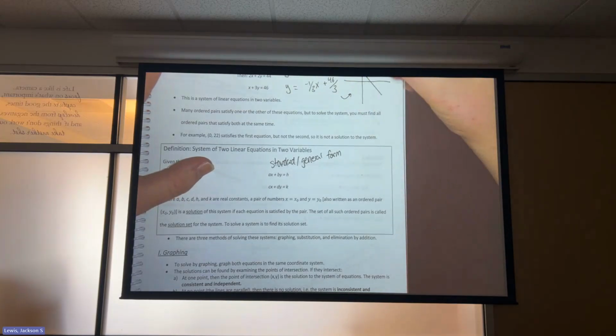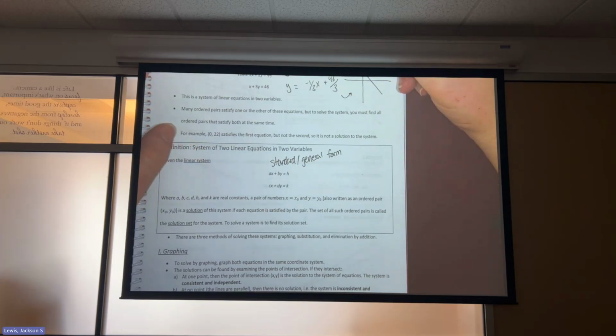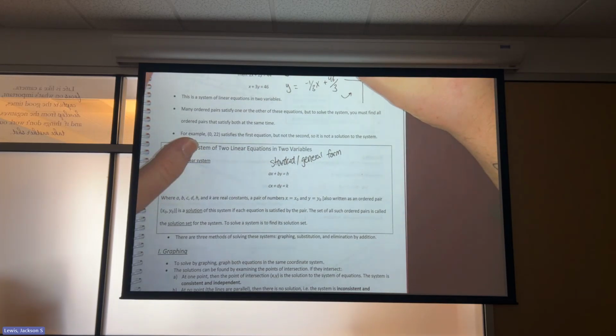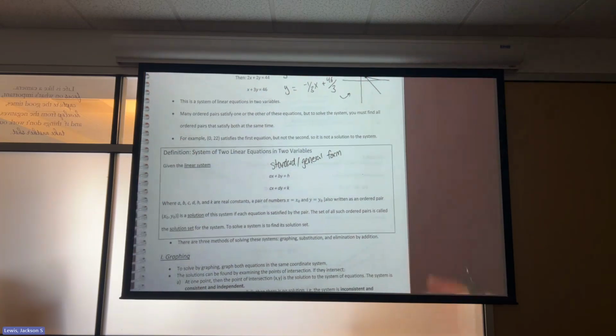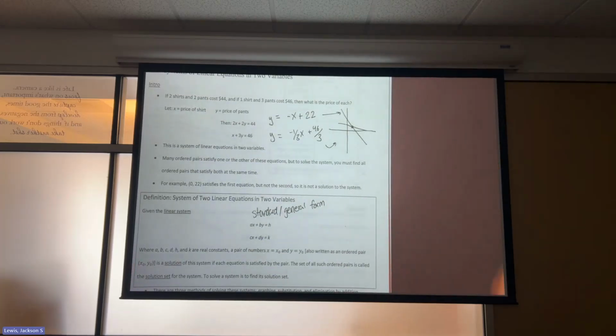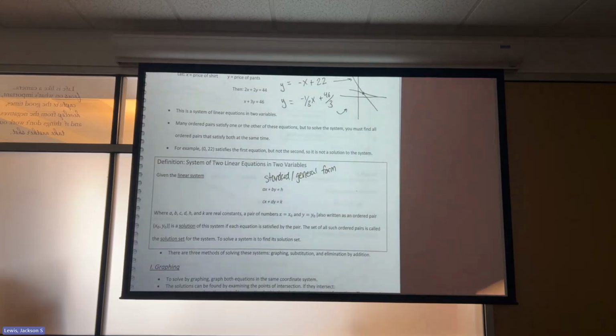This one, with slope negative 1/3 and intercept 46 over 3, is approximately like this. And so I'll have a solution point right there. Right where the equations overlap is a solution point.